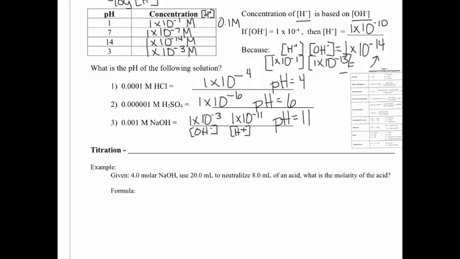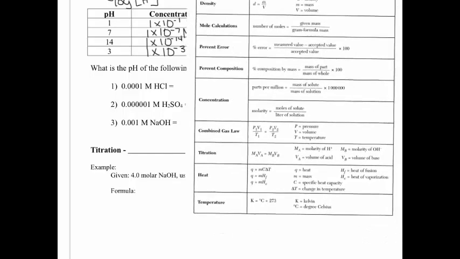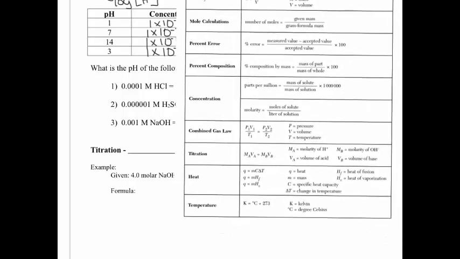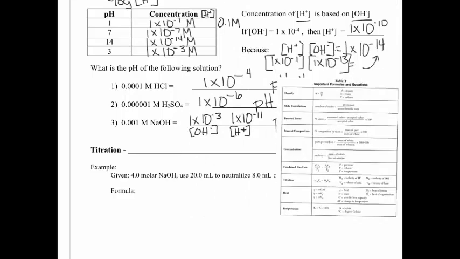So essentially you're going to have 4 numbers. 1 you're going to be looking for, and 3 you already have. And you can see the equation for titration here in Table T. You have MA and VA, which stand for the molarity of the acid and the volume of the acid, and that's set equal to MB VB, which is the molarity of the base and the volume of that base.